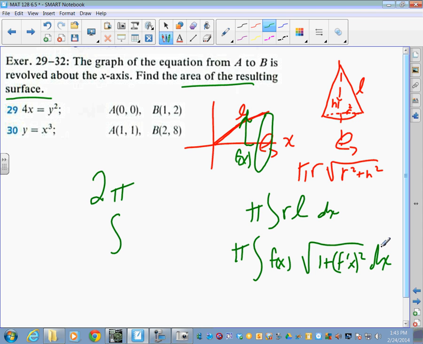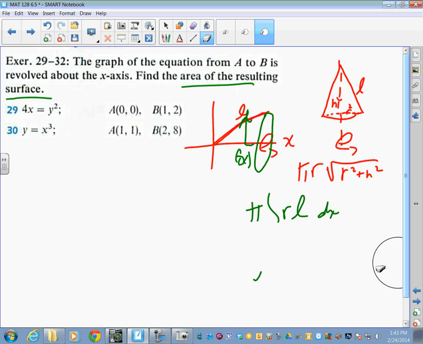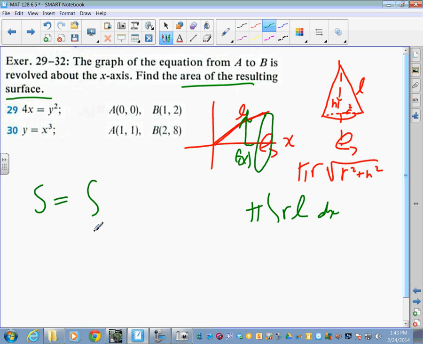Gotcha. So that's the width. So this one says S, surface area, equals the integral of 2 pi f of x times the square root of 1 plus f prime of x squared. Aha!